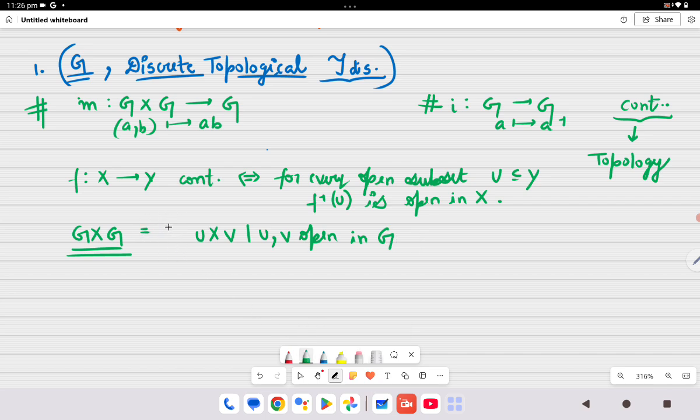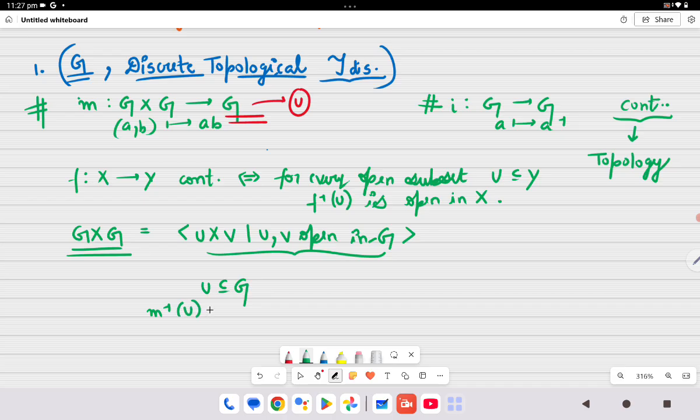Okay, all right. Now as G has the discrete topology, if I take any U, which is a subset of G, over here if I take any subset U of G, then what will be its inverse image?